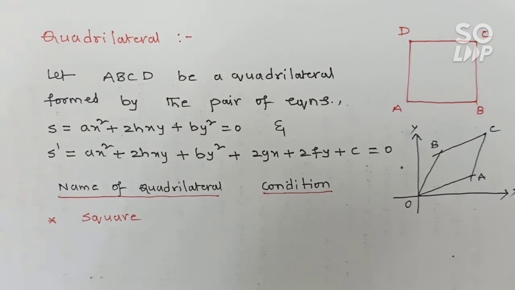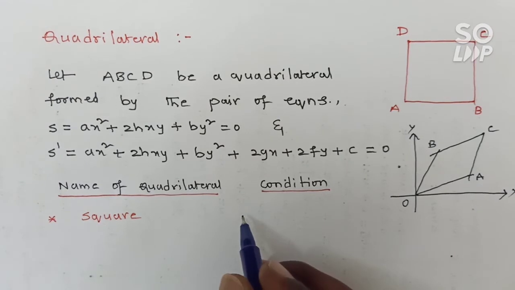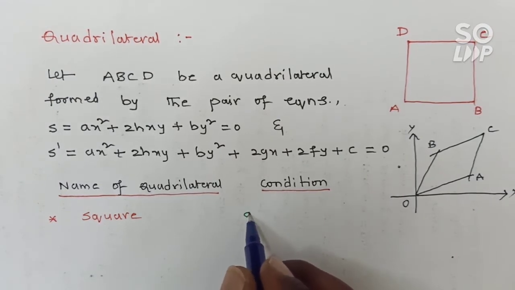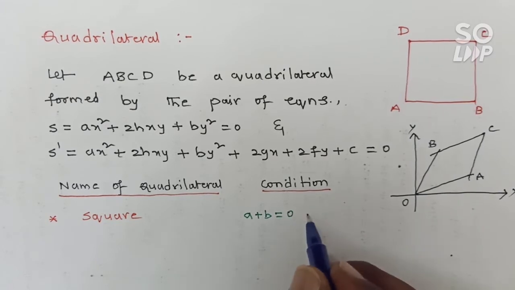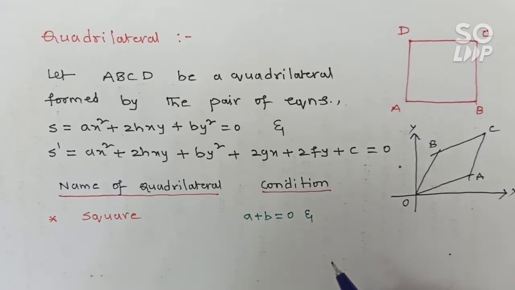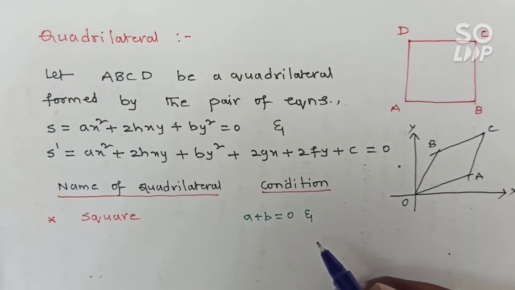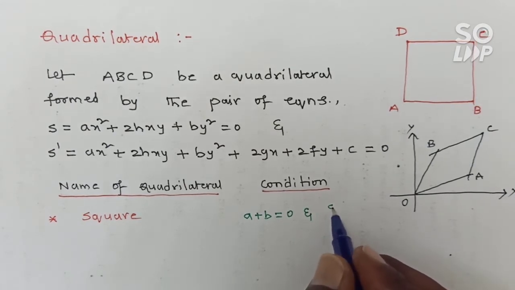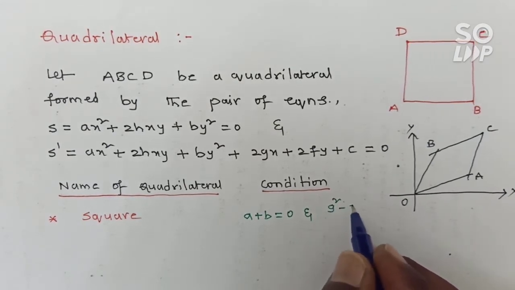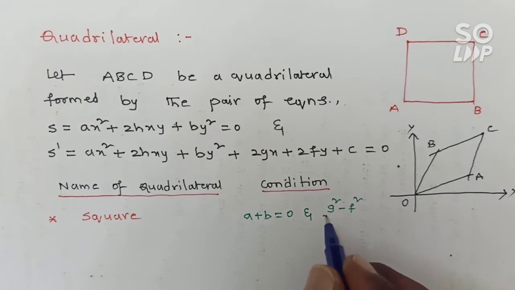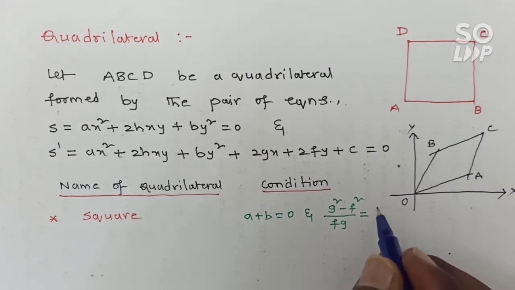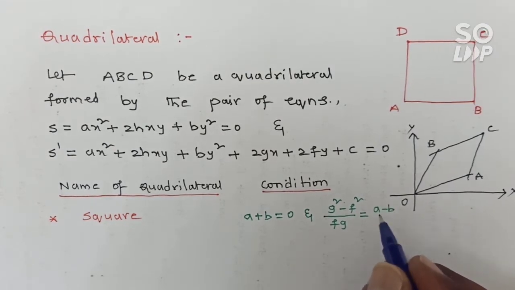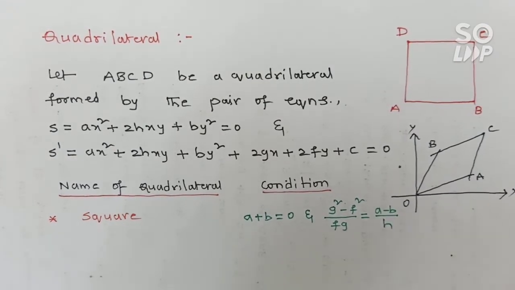The condition will be a + b = 0, and (g² − f²)/(fg) = (a − b)/h.